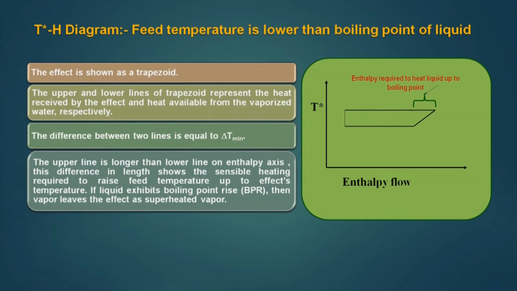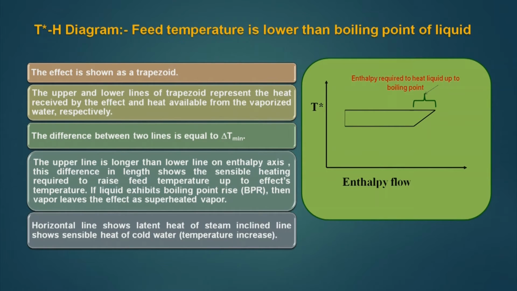If the liquid exhibits boiling point rise, then the vapor leaves the effect as a superheated vapor. So, if it includes the boiling point rise, the diagram will be also somewhat like this. The horizontal line shows the latent heat of steam, the inclined line shows the sensible heat of the cold water.